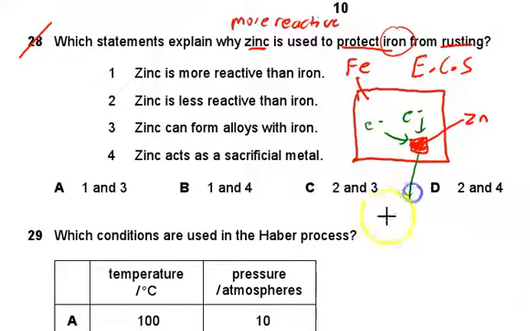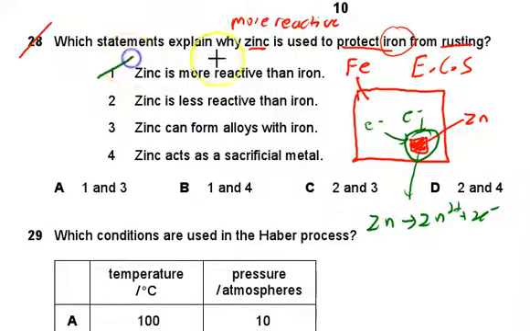So only the zinc will corrode, it will corrode itself. We just have to change this, not the entire iron. It is because zinc is more reactive than iron, and zinc also acts as a sacrificial metal.